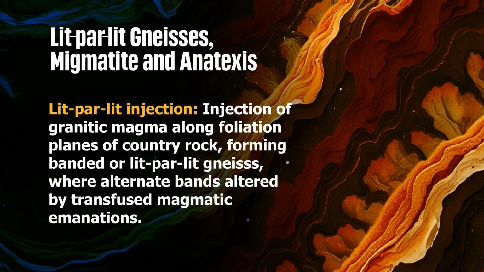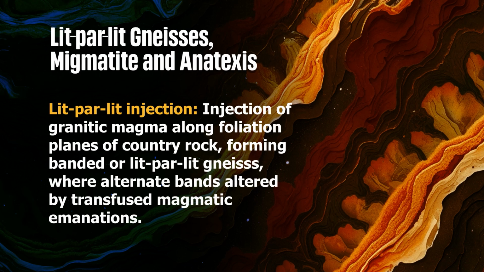Then another important process by which lit-par-lit gneisses or migmatites and anatexis are taking place. Lit-par-lit injection is injection of granitic magma along foliation planes of country rock, forming banded or lit-par-lit gneisses where alternate bands are altered by transfused magmatic emanations.